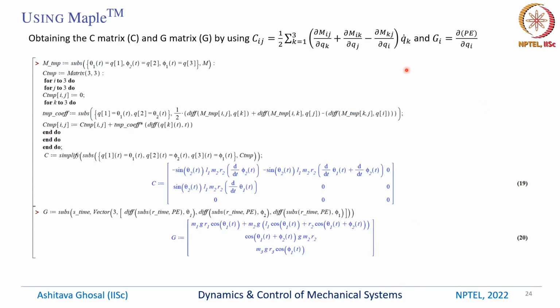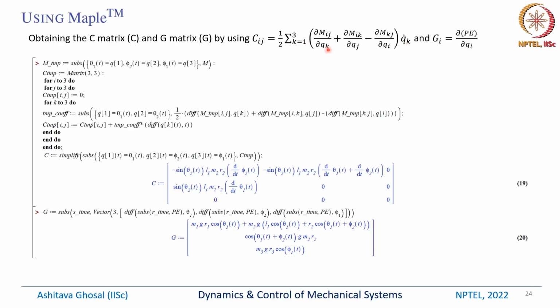But before we go to the constraint equation, let me again show you how we can compute the Coriolis and centripetal term and the gravity term. The gravity term is again the partial derivative of the potential energy with respect to Qi. Here Q is theta 1, phi 2 and phi 1.